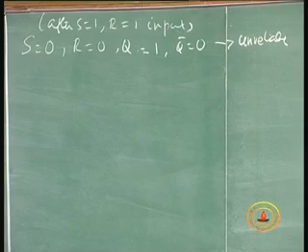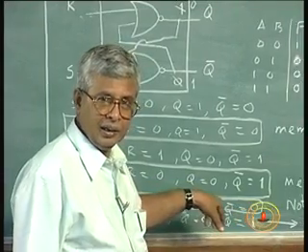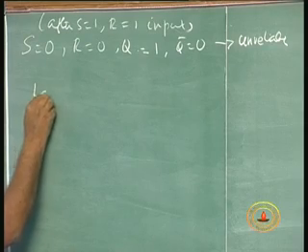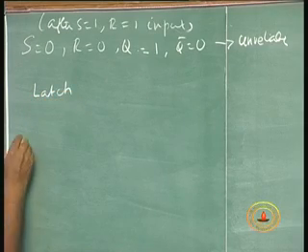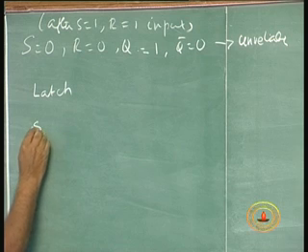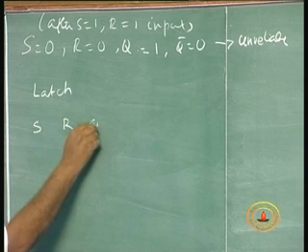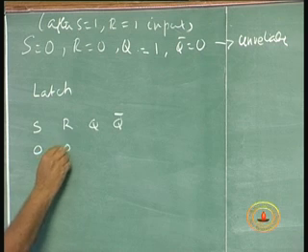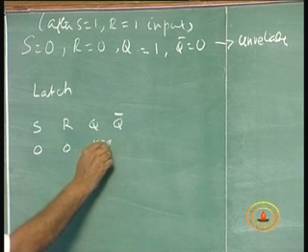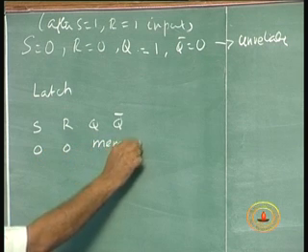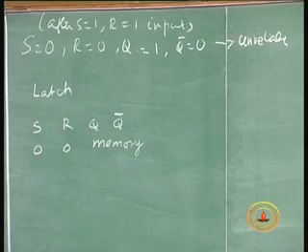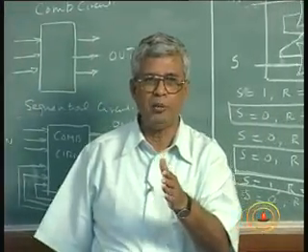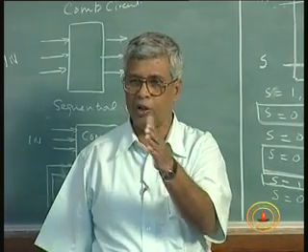Now that means I can write the table of the latch, because I did this analysis. S R, Q bar Q. S is equal to 0, R is equal to 0: it retains, it acts as a memory. When I give S is equal to 0, R is equal to 0, I will not be able to say what is the output Q and what is the output Q bar.